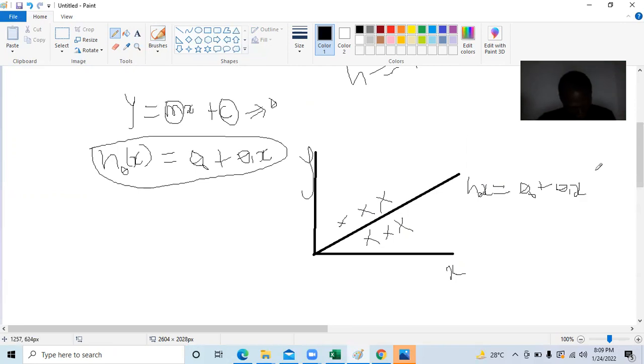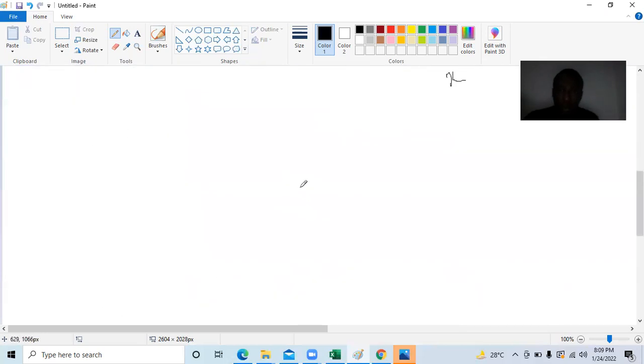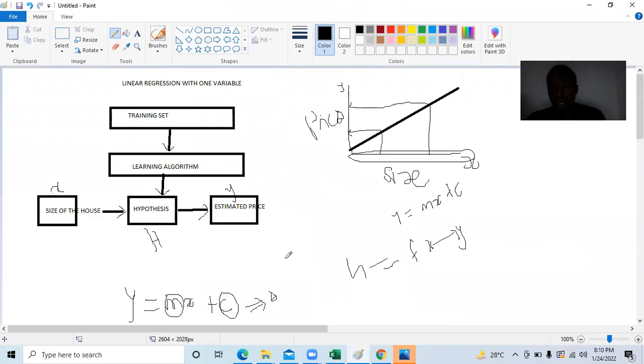Does this make sense? All right, so this is just basically a simple intuition of linear regression and how it works in machine learning.